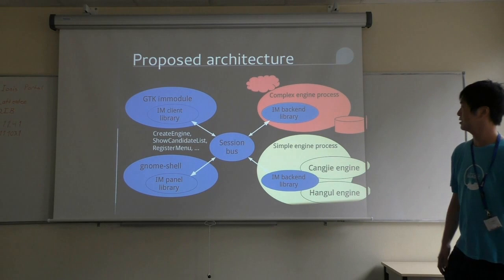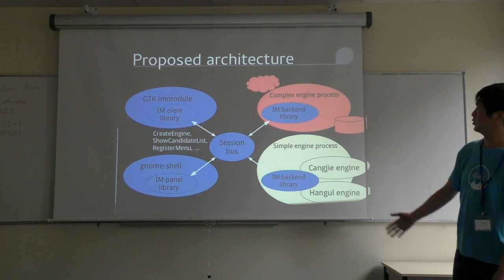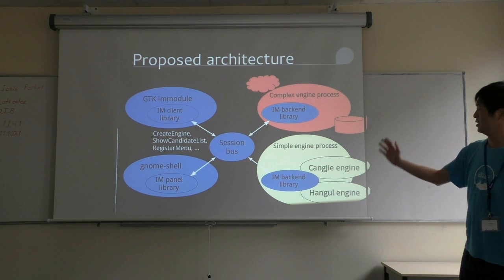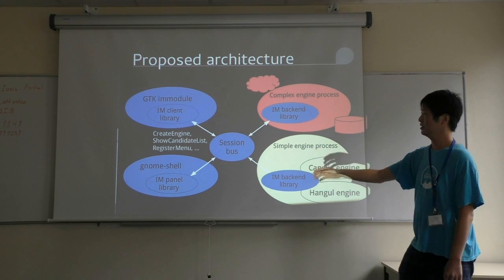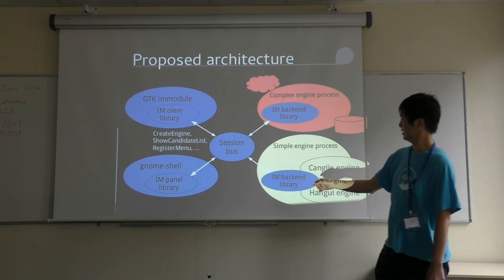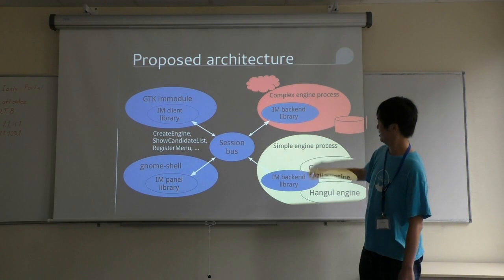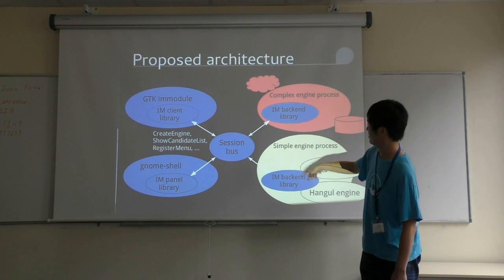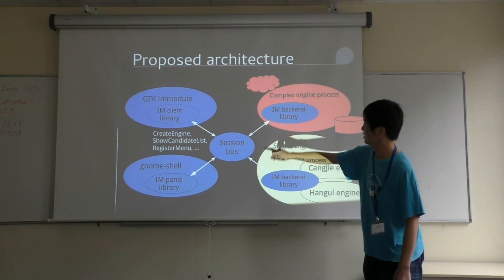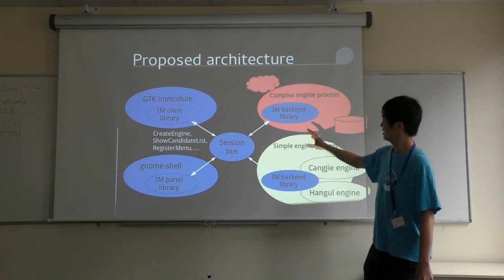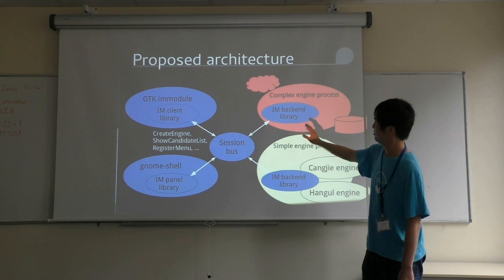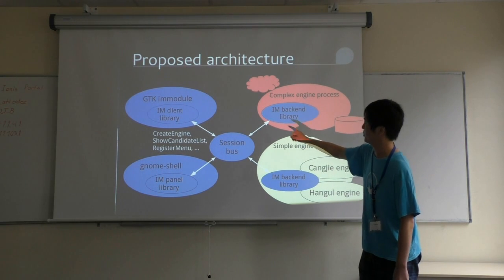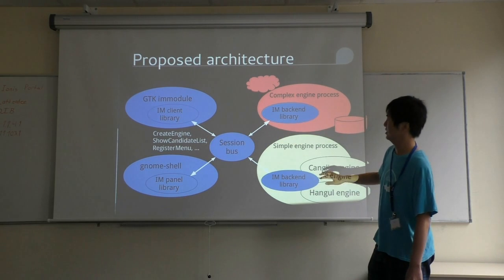So this is the first slide of the proposed architecture. We drop the IBus daemon, but use the session bus and these three libraries. The three libraries help communicate with these modules.